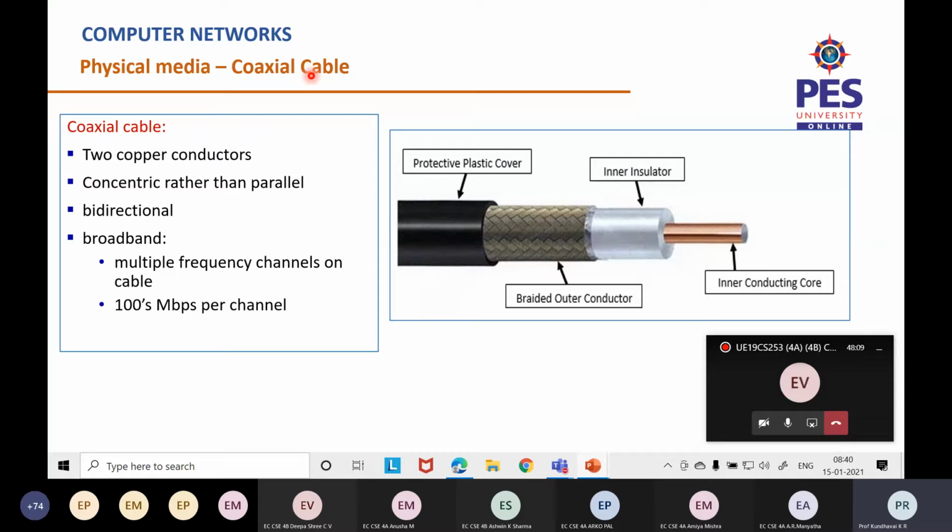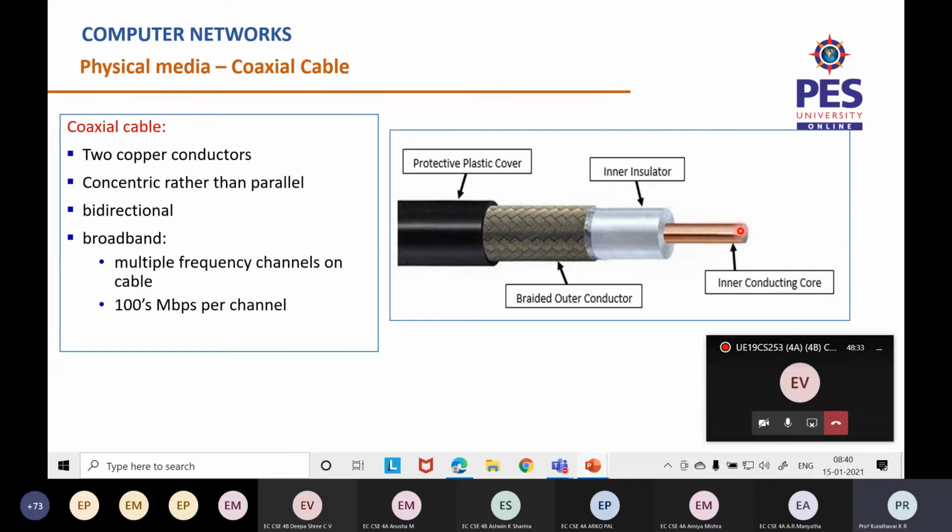Axial is from axis, right? It's just the center point where two copper conductors are going to work together. So that's the name behind this, coaxial. This is the axis.